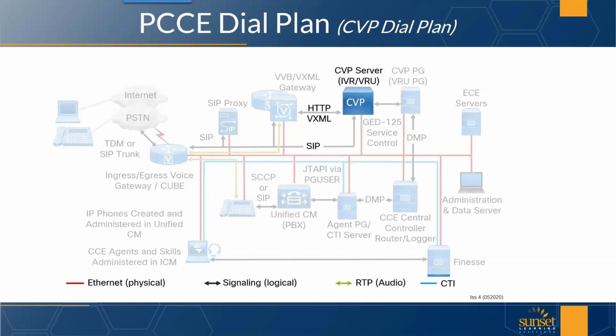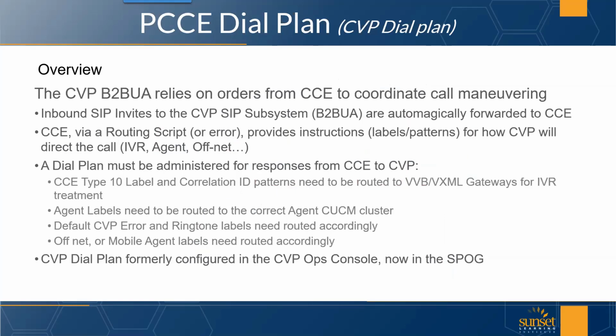We're now going to talk about how CVP passes those dial plan instructions on. We're not going to be talking about in this section how CVP passes on those play external script messages. That's after we've done all this. And CVP is doing most of that using SIP.